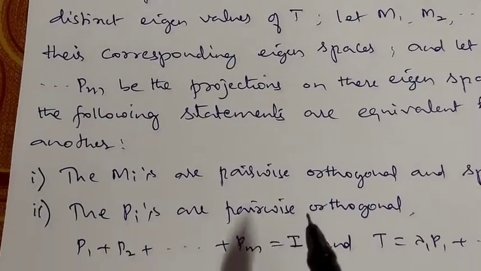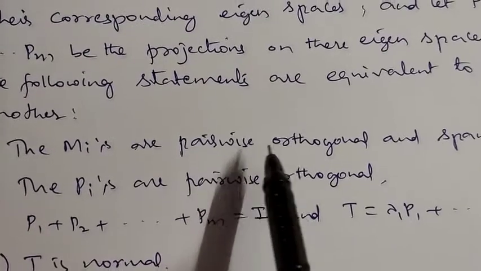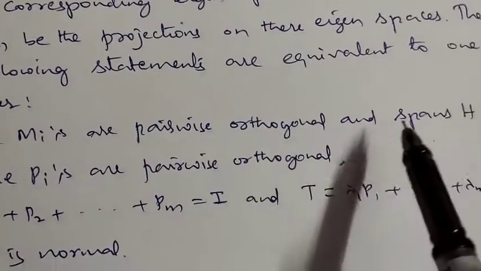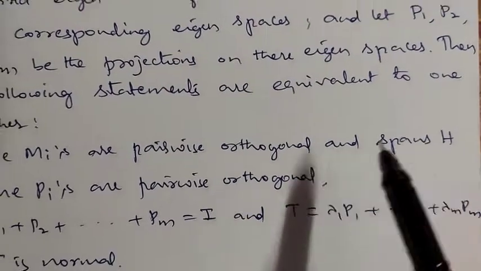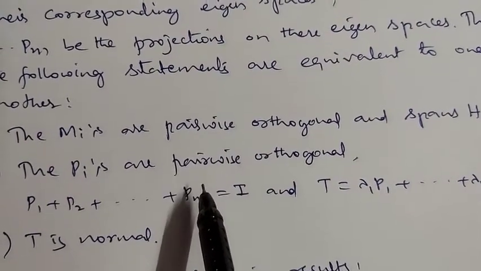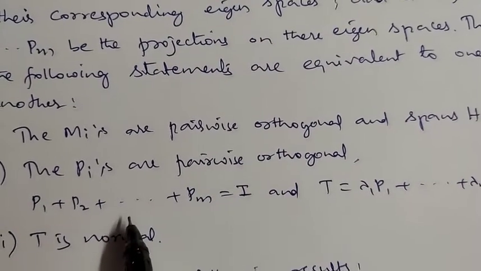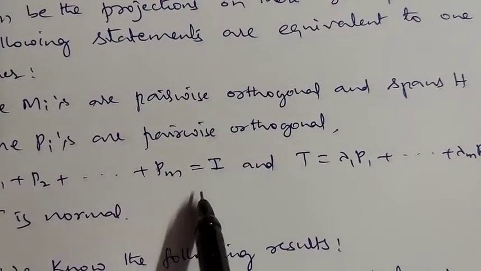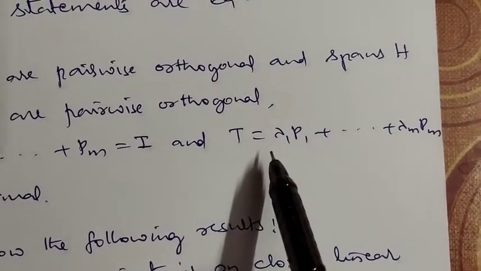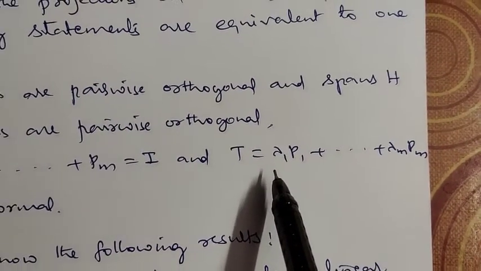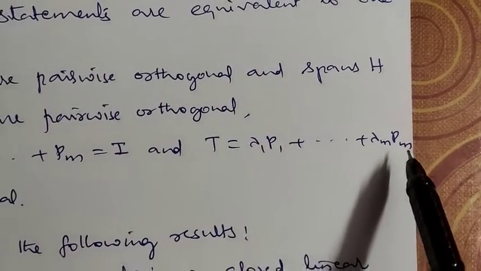The first statement: the Mi's, the eigenspaces, are pairwise orthogonal, and these span the Hilbert space H. The second one says the Pi's, the projections, are pairwise orthogonal, and the sum of these projections P1 plus P2 etc. plus Pm is equal to the identity operator, and T can be written as lambda 1 P1 plus lambda 2 P2 etc. plus lambda m Pm.